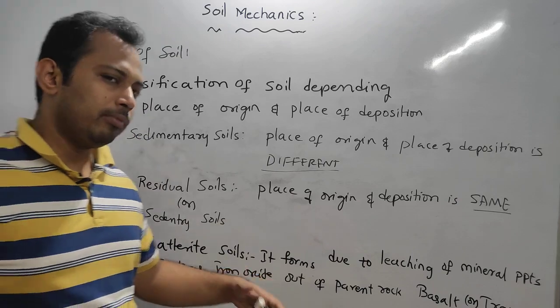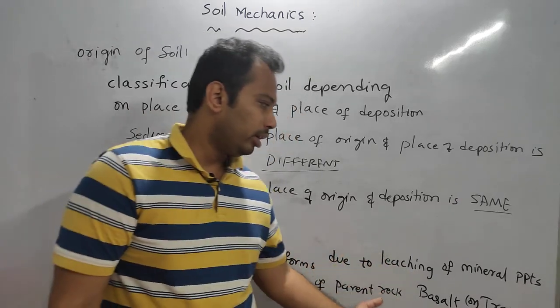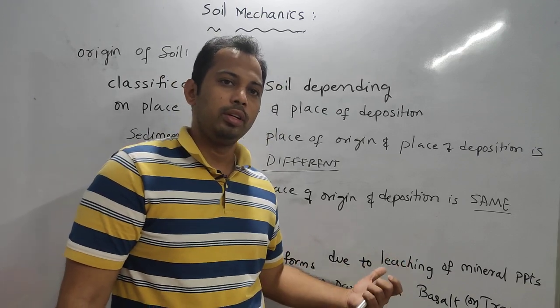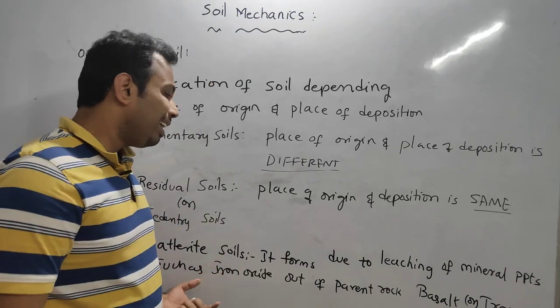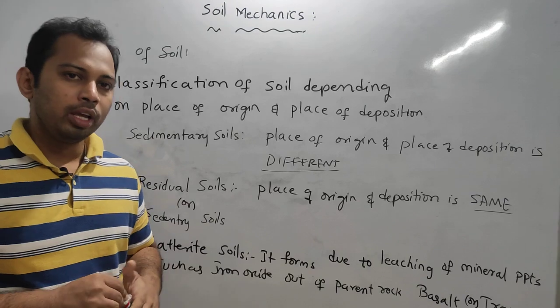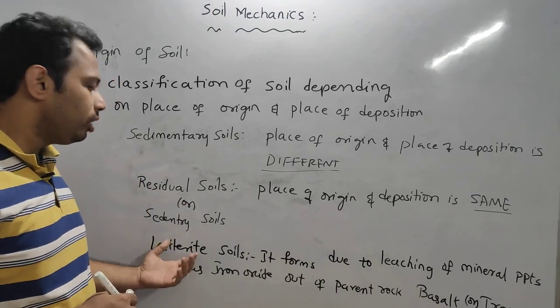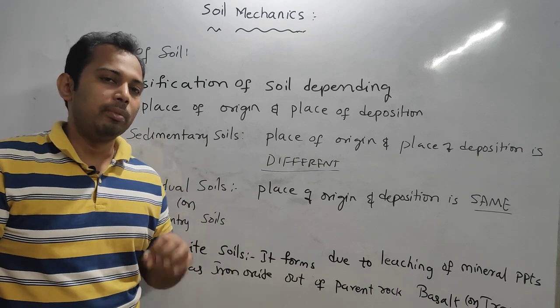This precipitate comes out of the rock, leached by flowing water, and settles down at the location itself. Okay, the parent rock is basalt or trap, and this is chemical weathering. If you see, I have kept leaching in the category of chemical weathering. So laterite soil we need to keep in chemical weathering.